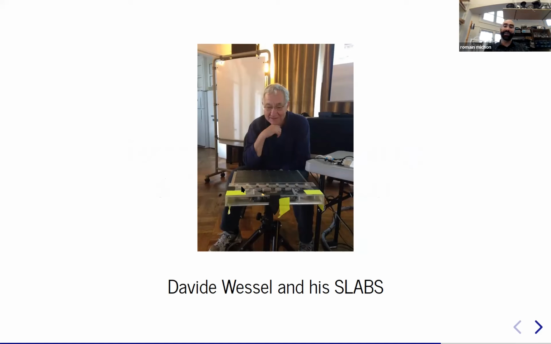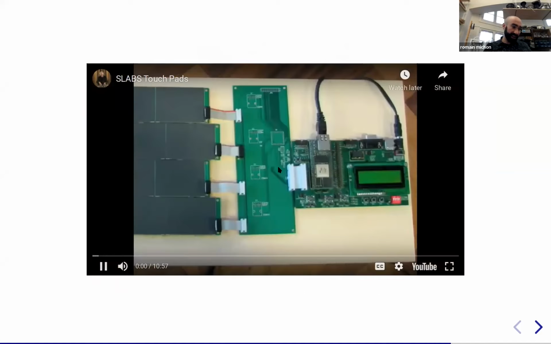David Wessel used to be a professor and also the director of CNMAT, which is the brother of CCRMA, but at Berkeley on the other side of the bay. David Wessel worked a lot on making custom musical interfaces using advanced technology, and the slabs is a good example of that.